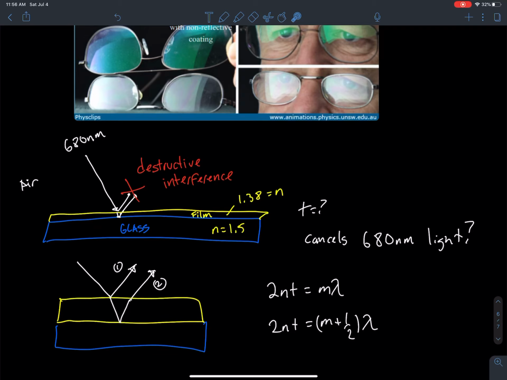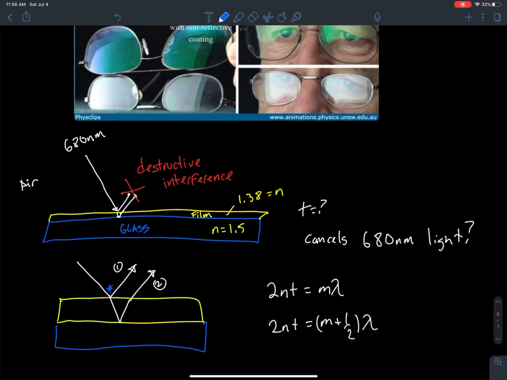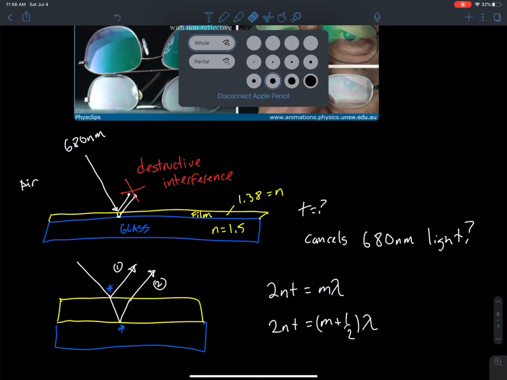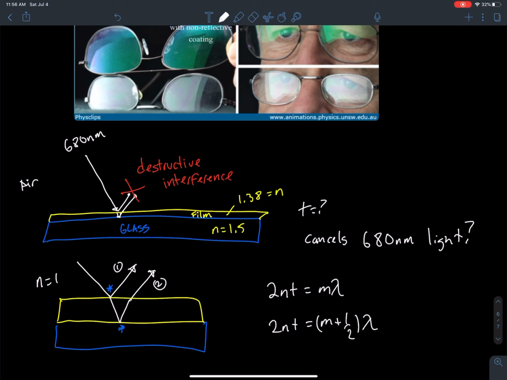Okay, so first of all, I need to look at these boundaries: the boundary over here and the boundary over there. And I need to see if a phase shift is occurring. Okay, so n is equal to 1, n is equal to 1.38, n is equal to 1.5. In this case, I'm going from low refractive index to high.